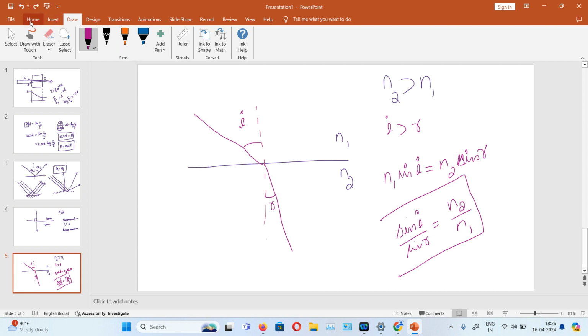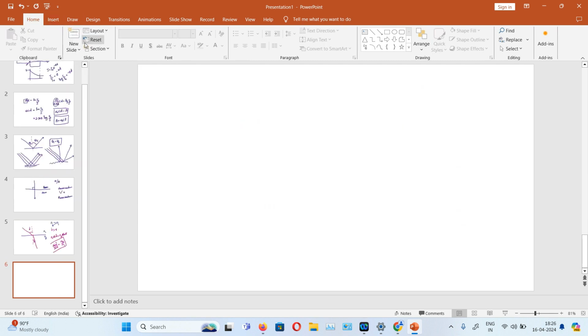We will see what happens if the light moves from denser medium to rarer medium. So N1 is greater than N2.